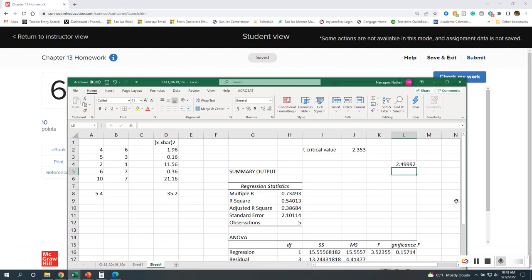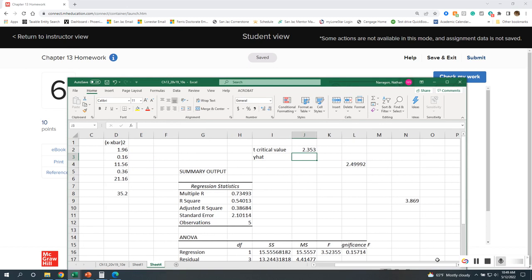Now remember, we have our y hat. That was equaling to 3.869. So our interval is basically equal to this minus this.